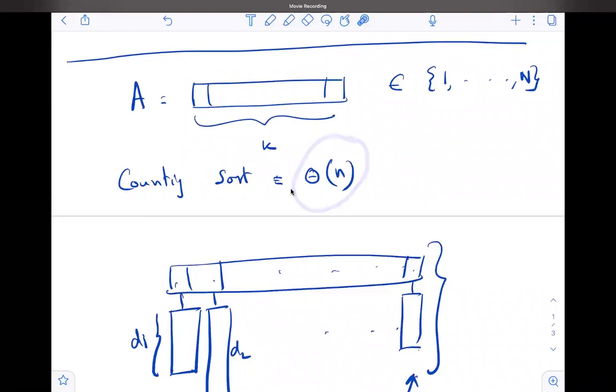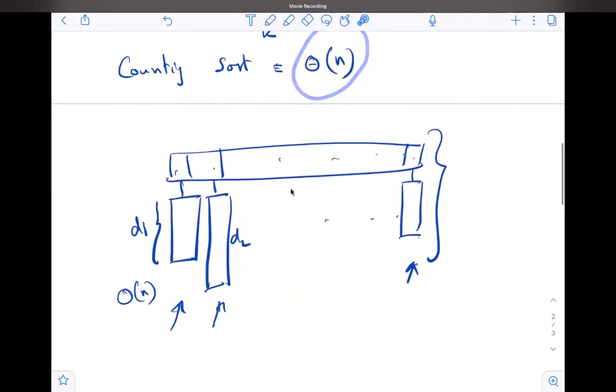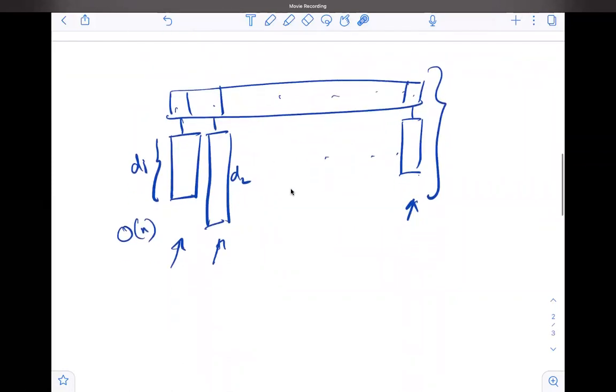Now here, each adjacency array is of size degree d1, degree d2, and so on. But all we know is that they are coming from a set of size n, the set of vertices v1 to vn.